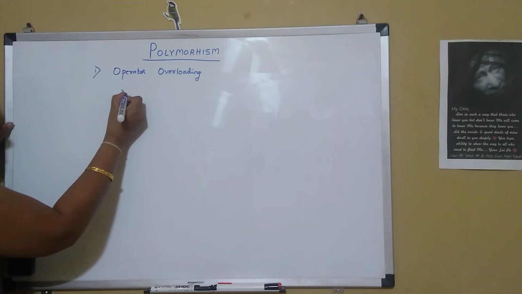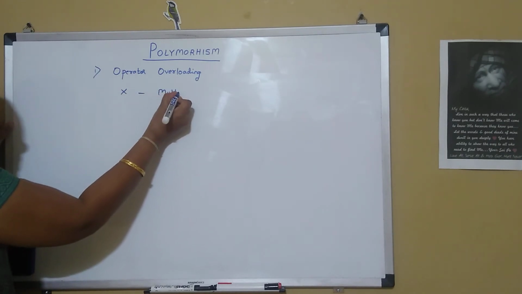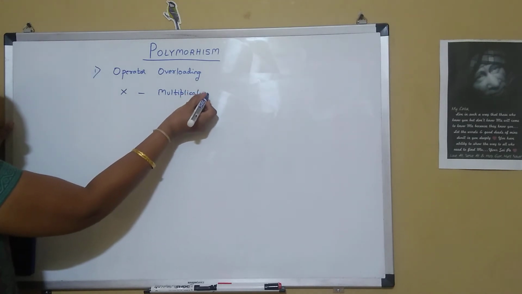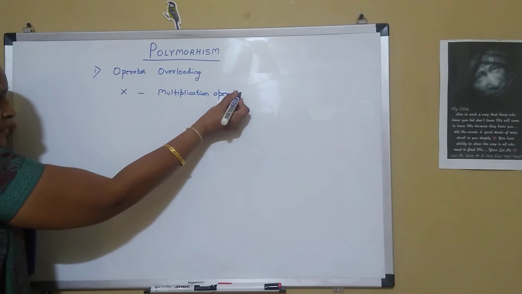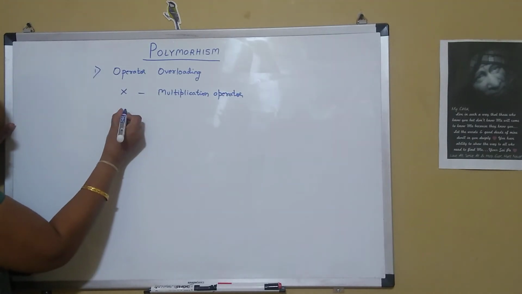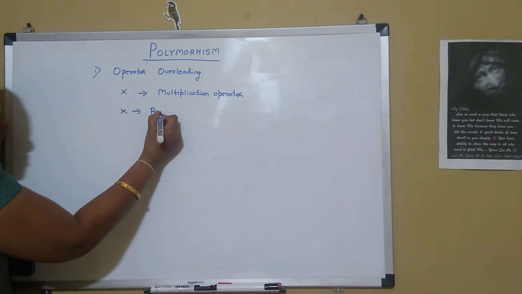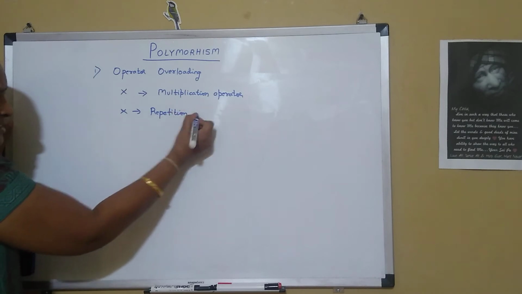And friends, there is one more operator in Python programming language which can be overloaded in two different types. That is the multiplication. So into is a multiplication operator, and the same into can be used as a repetition operator as well.